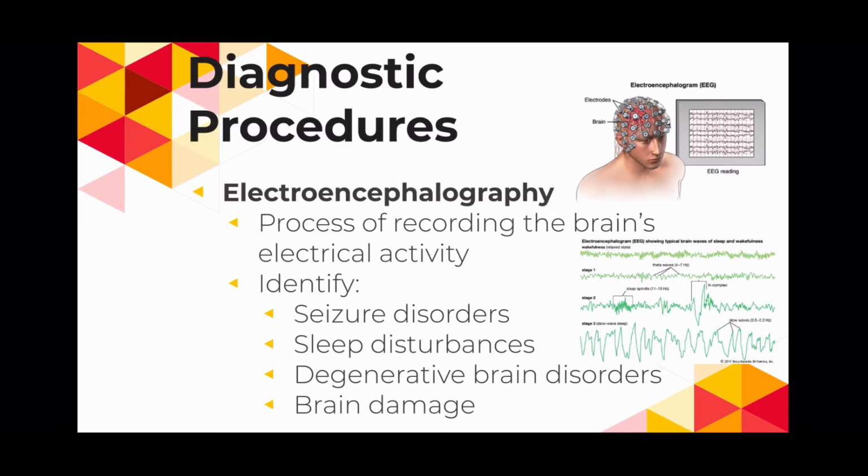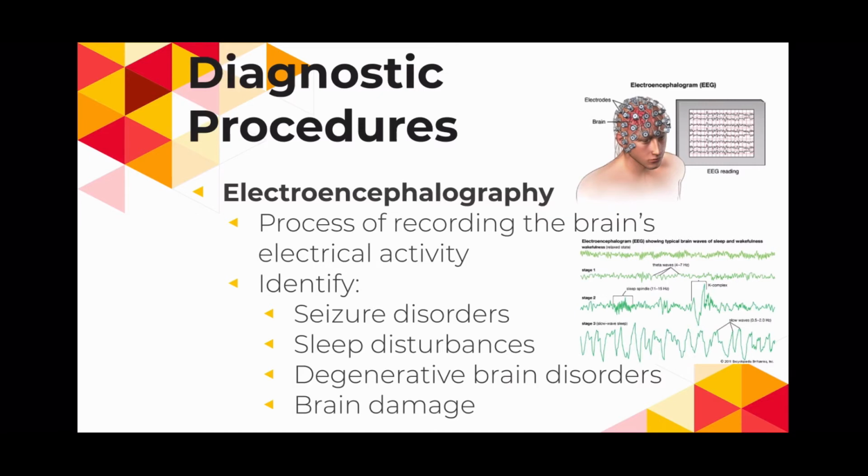This is a word on your word list, and if we work on breaking this big word down into its parts, we know that the first root, electro, means electricity. Encephalo is the second root, so there are 2 roots in this word, and that means brain. And then the suffix graphy means the process of recording.